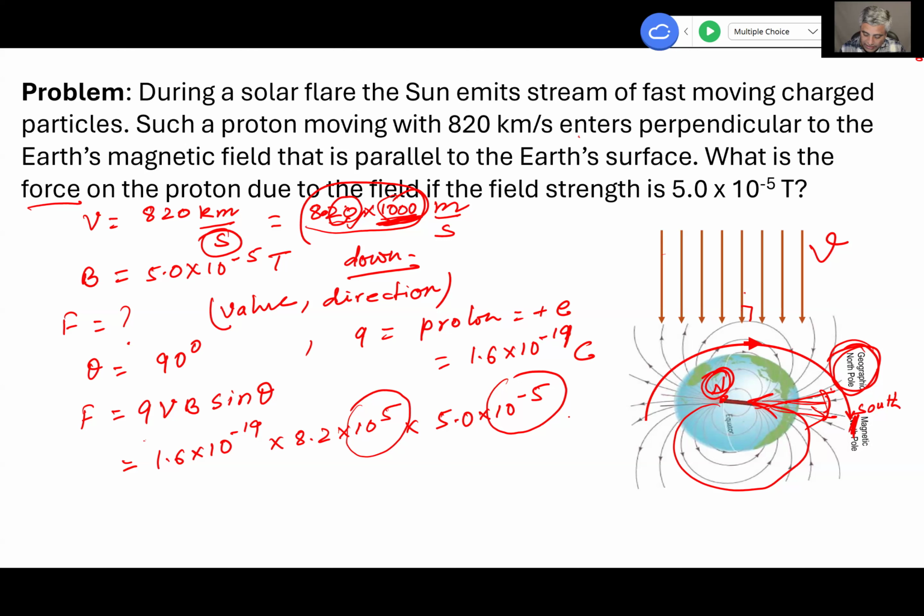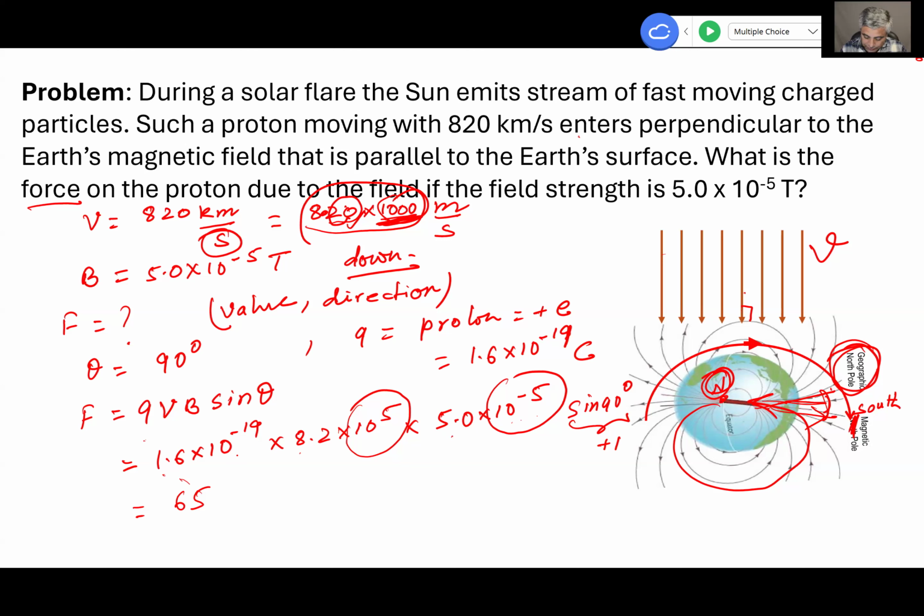And then sine 90 degree, which is positive 1. So that means, okay, 16 times 5 is 80, 8 and 8 times 8 is 64, and there is 2. So 65, something like that.